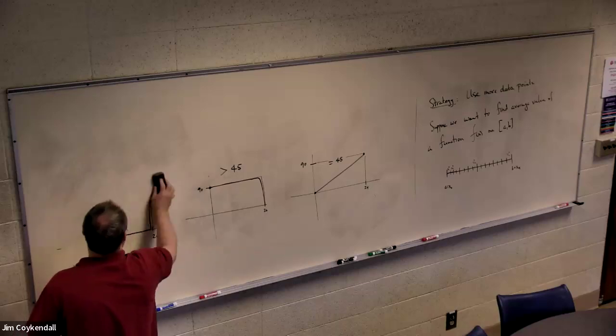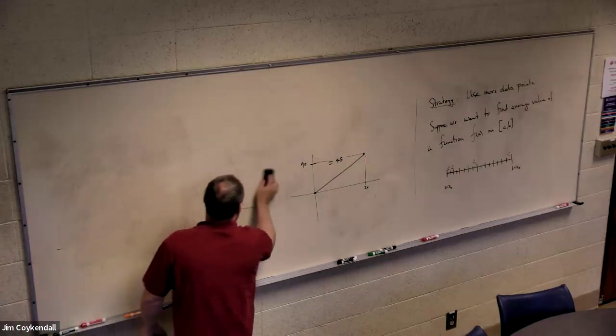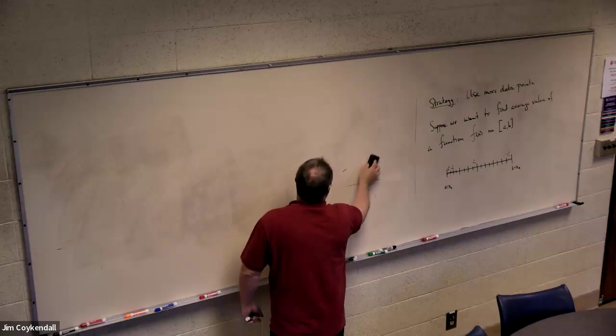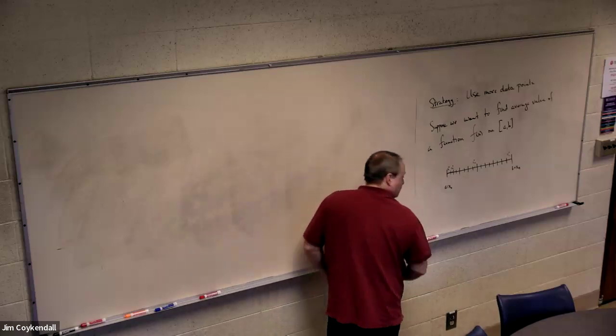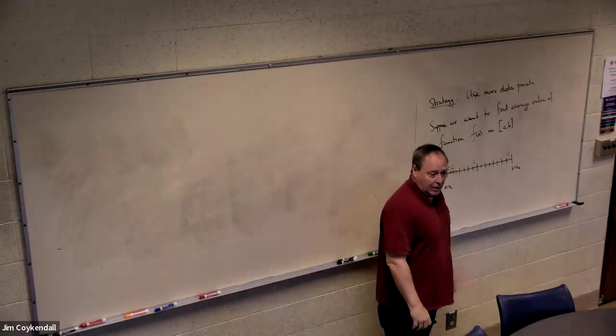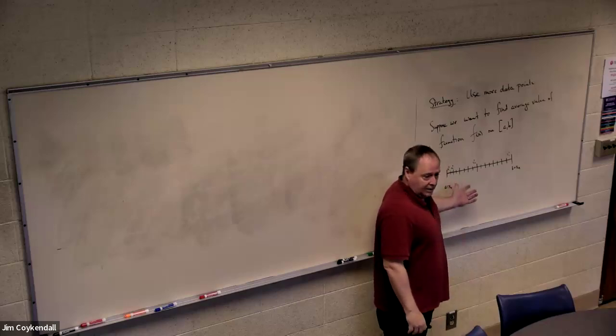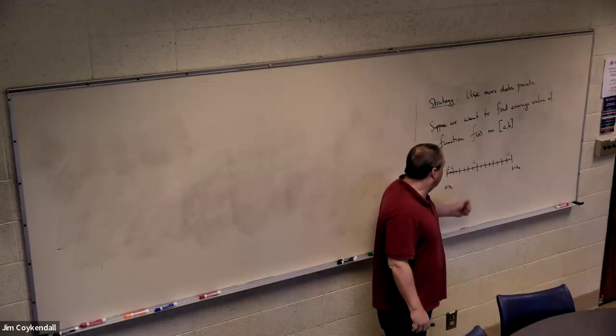So what you're going to do is send your intern out every hour, or every minute if you really want to. You go out and take 60 readings in an hour for 24 hours, right? That'd get a lot of data.